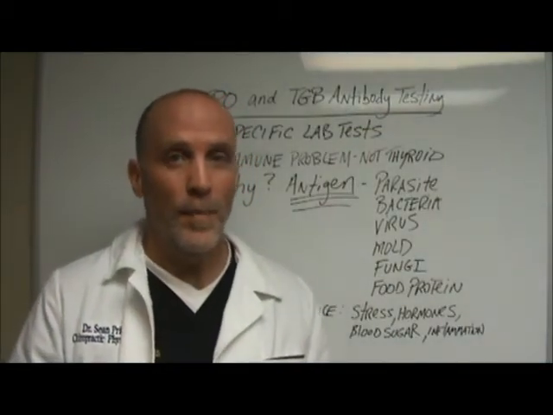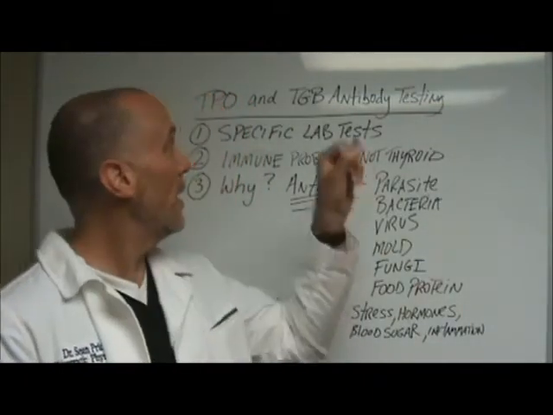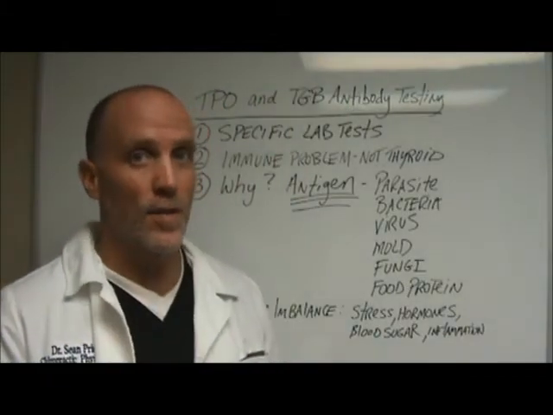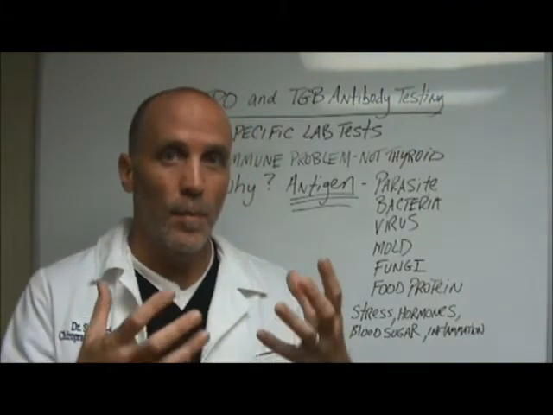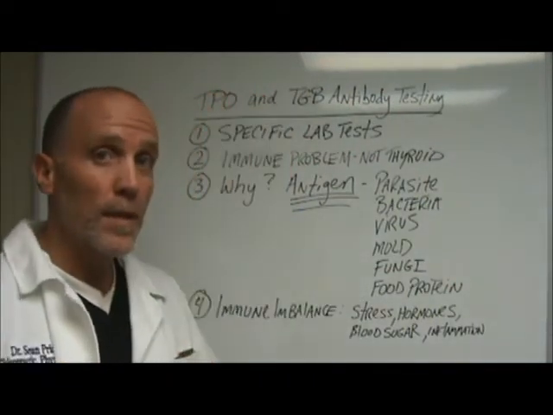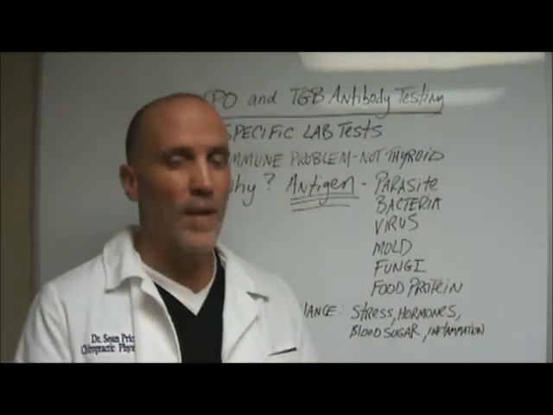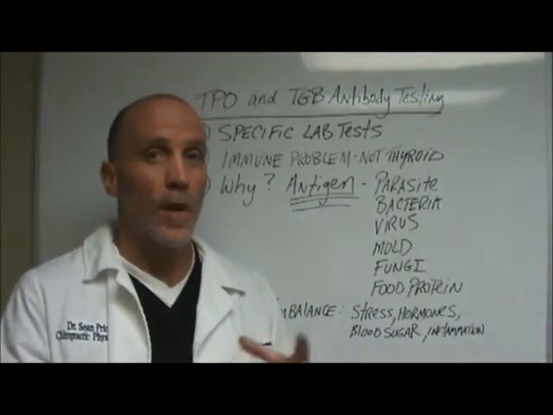Autoimmunity means basically that your body is making antibodies against itself, and in this case the body is making TPO and TGB antibodies, and those antibodies are attacking the thyroid gland, causing it to function below normal and leading to hypothyroidism. Most doctors run TSH, they might run some T3, they might run some T4, but for the most part, they don't run the antibody testing.